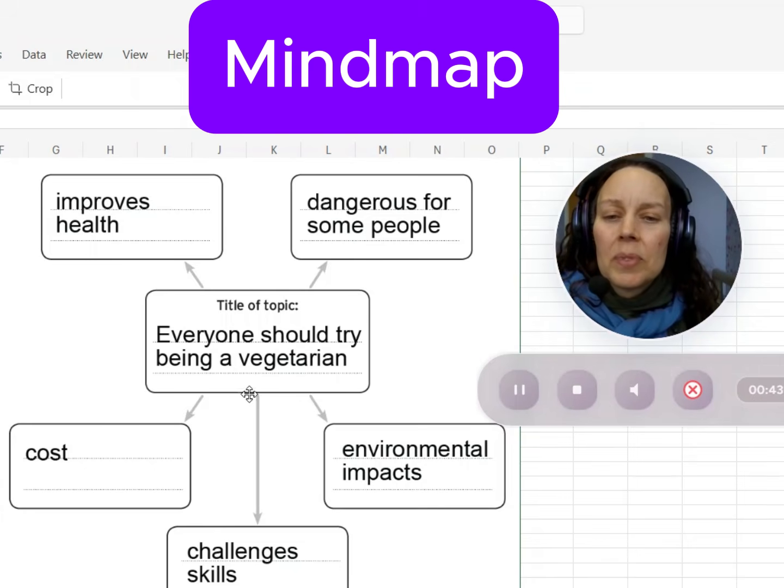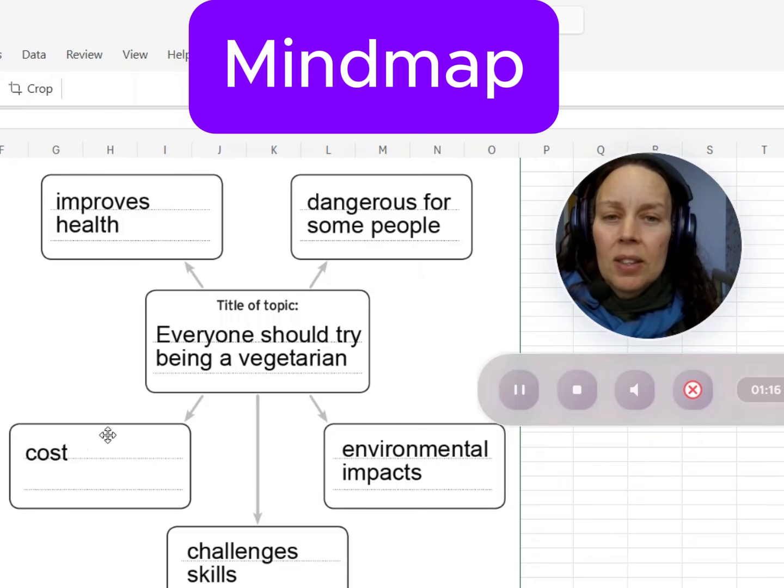In the center, everyone should try being a vegetarian. And around the side, I just want some very short notes to remind me of what I want to talk about. And also, it will help guide the examiner to talk about these points. So if I want to talk about health, it's dangerous for some people. I might have some great vocabulary about how it's detrimental to athletes, to children, to older people. Cost.